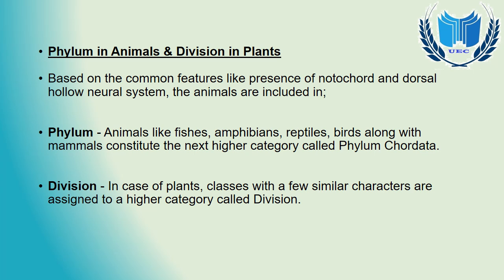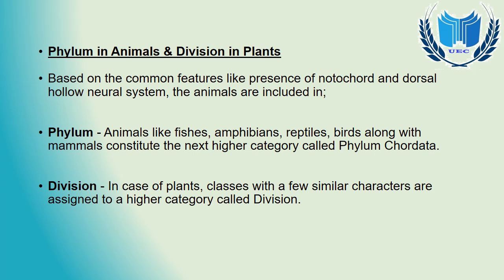In continuation to my previous video, part 3, now the higher categories in the taxonomical hierarchy are phylum and division. The term phylum is used for animals, while the term division is used for plants.